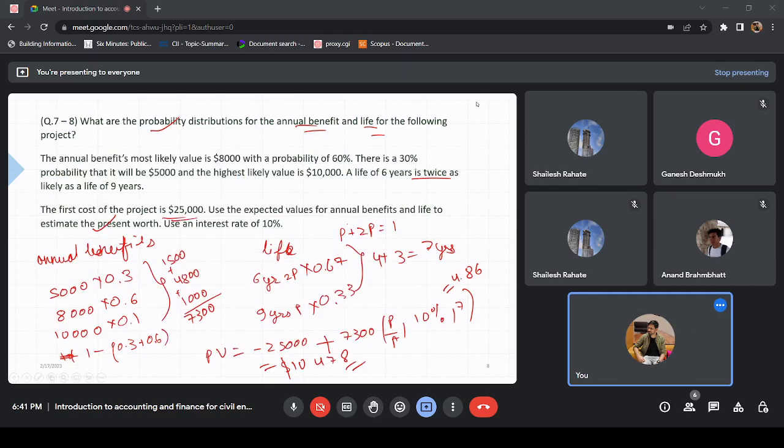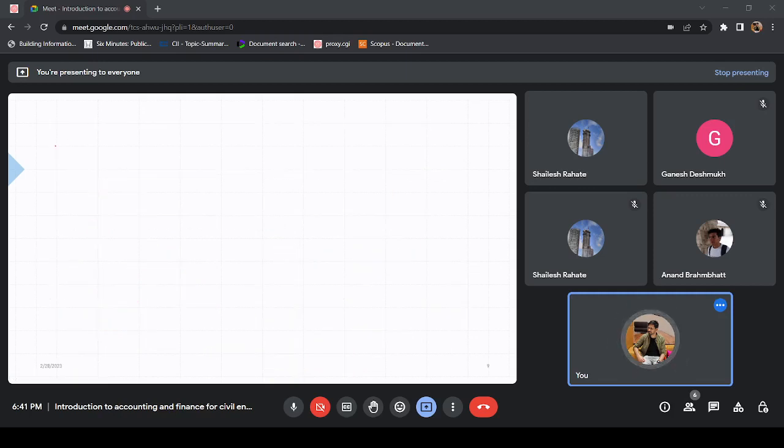Okay, so you got some probability distribution, but if you were to tabulate it, you can tabulate it like this, right? Annual benefit and life.